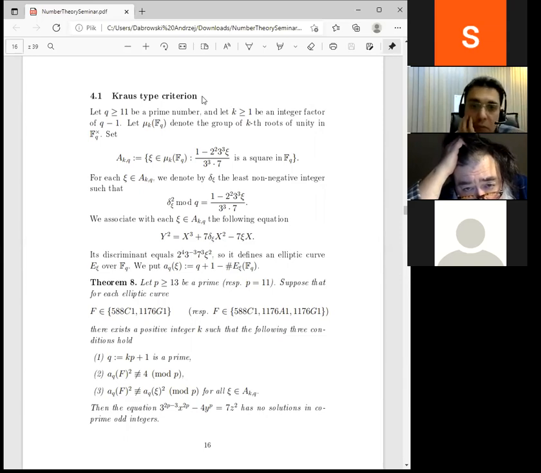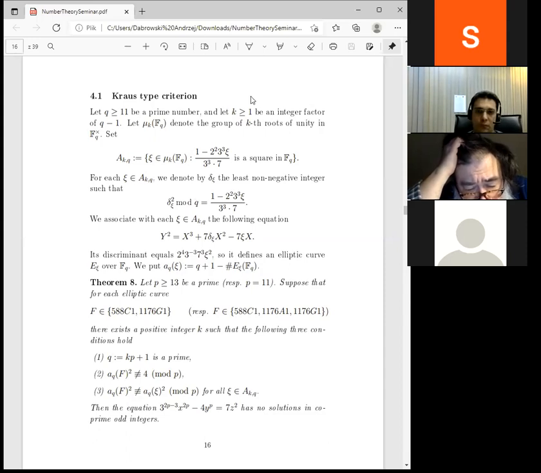So consider prime q and positive integer k, such that k is a divisor of q minus 1. Because q is a prime number, we can consider the field F_q and consider the group of kth roots of unity in the multiplicative group of such a finite field.